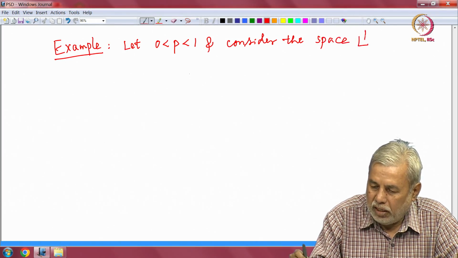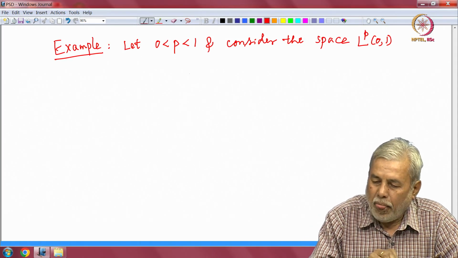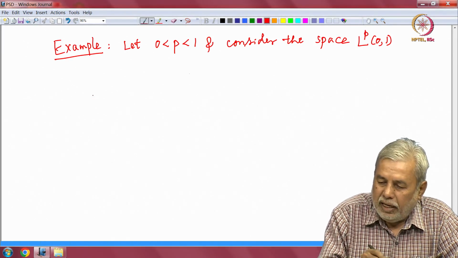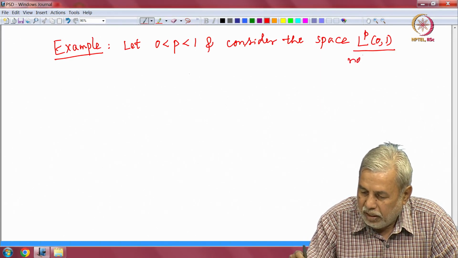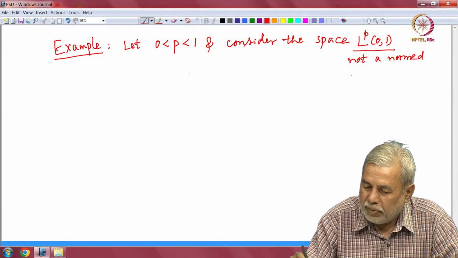So, these are measurable functions defined on the interval (0,1). Okay. So, it is not a normed linear space. Okay. Of course, it is a metric space, not a normed linear space.